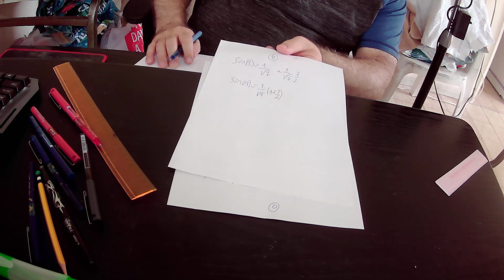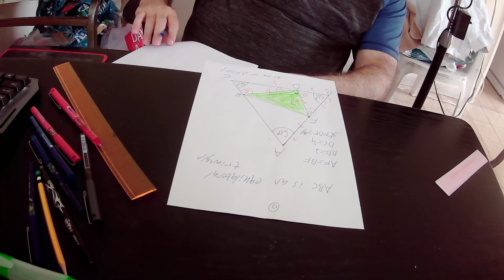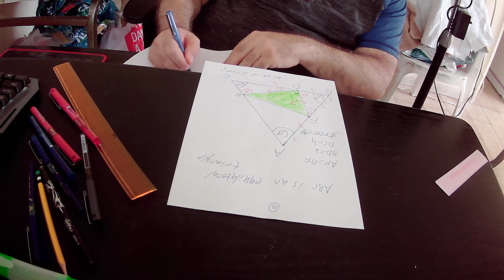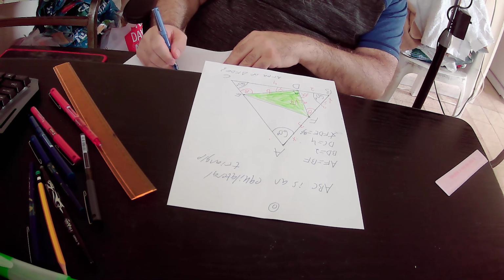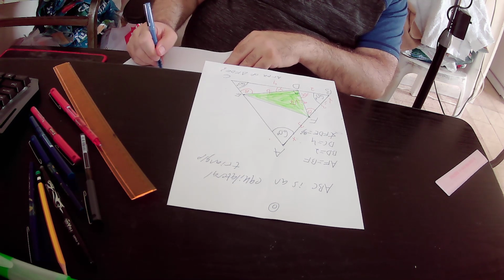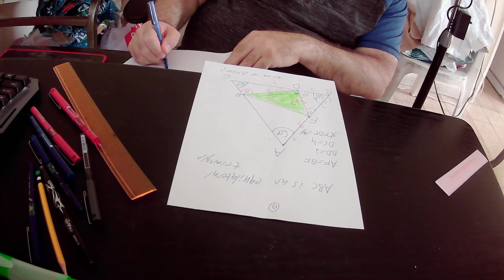So I write it down. The value of sine beta equals 1 over root 7 times 5 over 2.